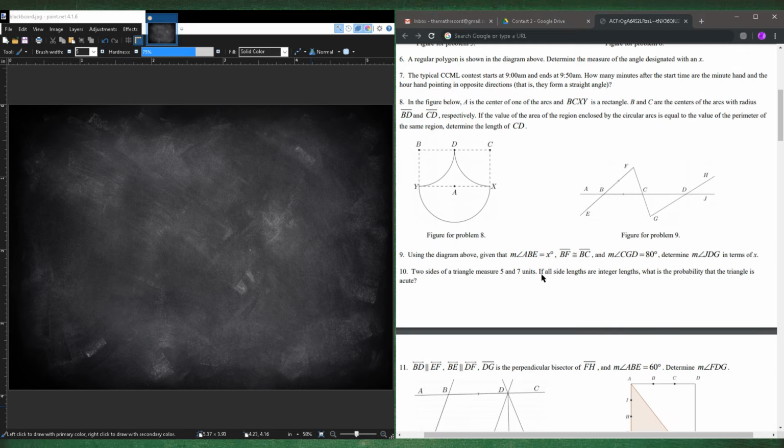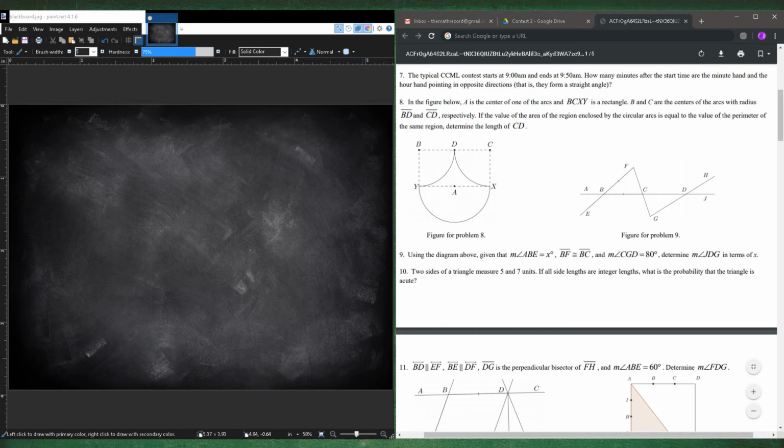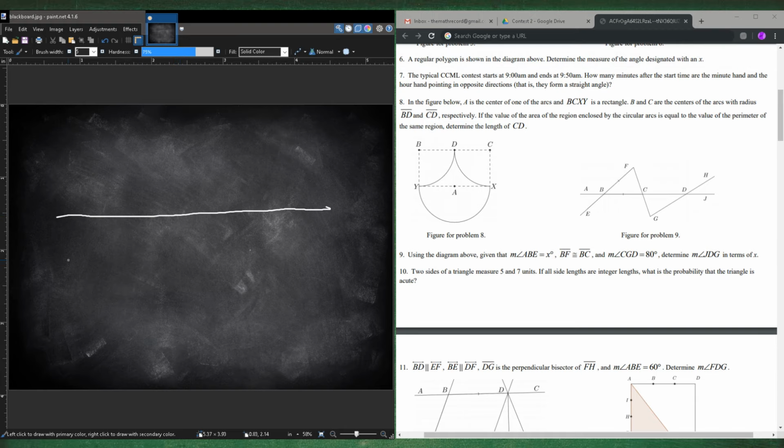Okay. Number 9. Using the diagram above, ABE is x degrees. Let's just draw this out again. ABE is x degrees, and BF and BC are the same. So technically, if this is x degrees, then the other ones have to be the same, so it'll be 180 minus x divided by 2.